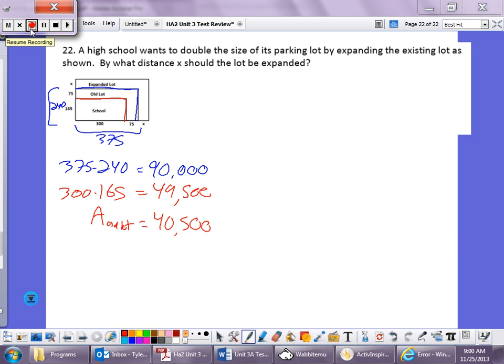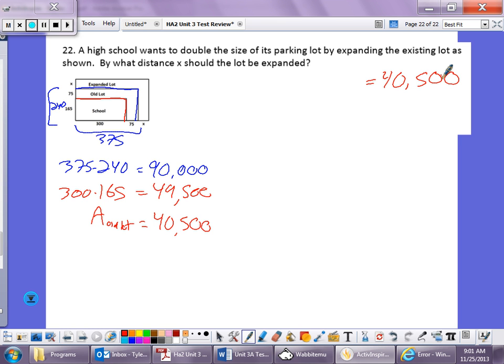So if I want to double this area of the old lot, that means this expanded lot has to equal the same as it. Okay? Because if this expanded lot equals 40,500, then I've successfully doubled the area of the old lot. So I know it has to equal 40,500.